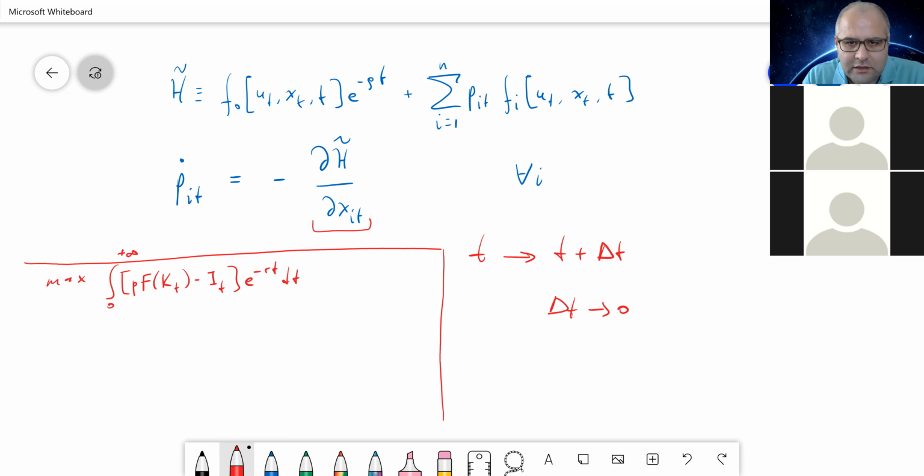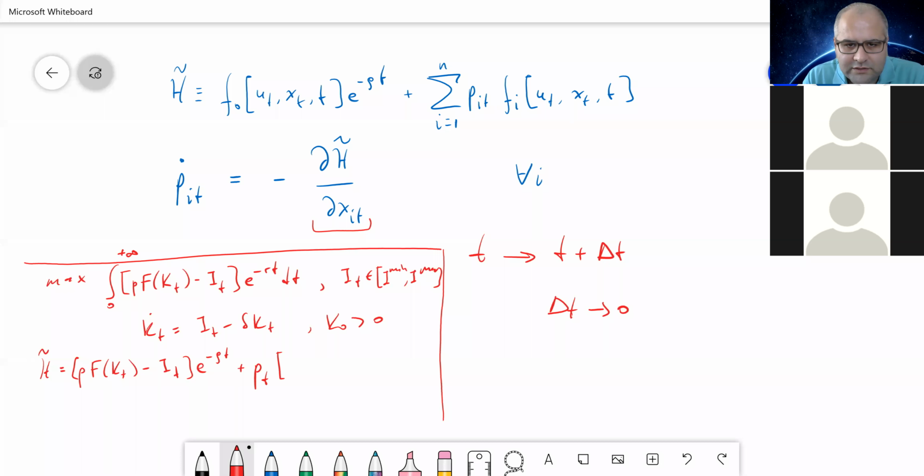And I had i(t) between i min and i max. And then I have k dot(t) equals i(t) minus delta k(t). And I have k0 positive. So the Hamiltonian is what? It is p f(k(t)) minus i(t) times e to the minus rho t, plus p(t), there's only one state variable, p(t) times i(t) minus delta k(t).